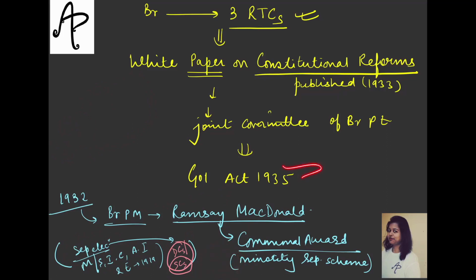Now that we have understood how and why the formation of Government of India Act 1935 took place, it will be easier for us when we do the provisions. And before that, I will also recommend you, if you're watching this video, that please revise all the earlier acts once. Of course, I remember that I'm still left to share the questions with you, which we'll do in the coming videos.